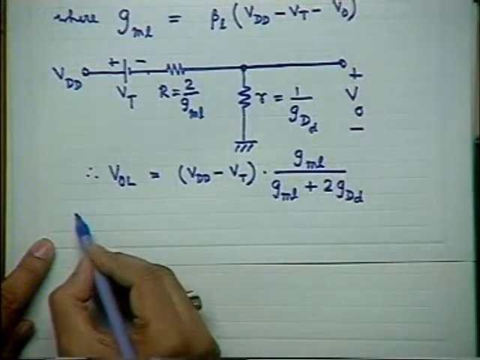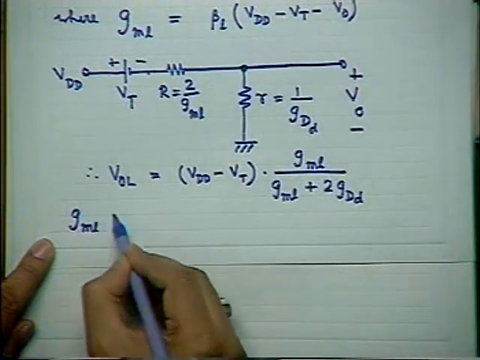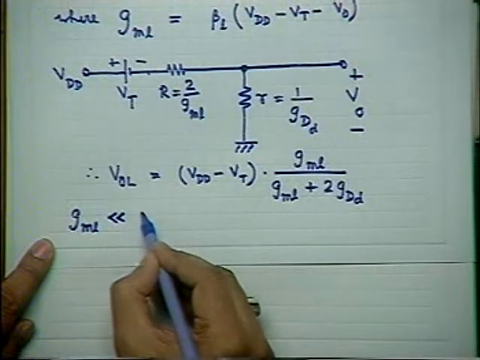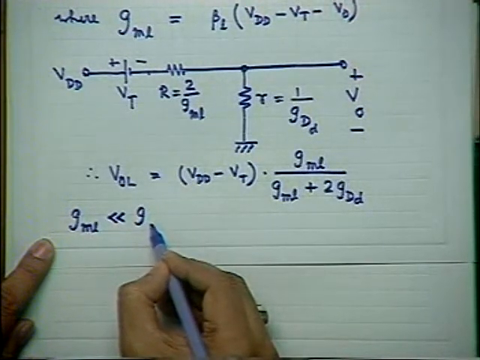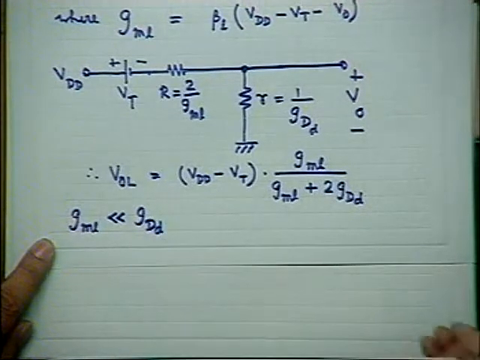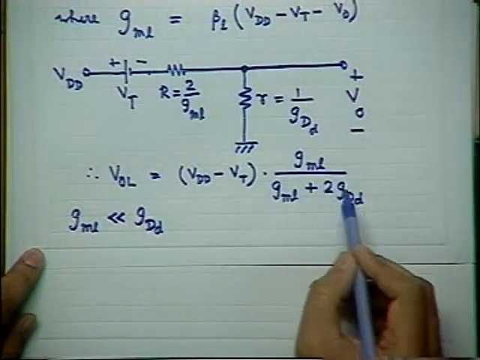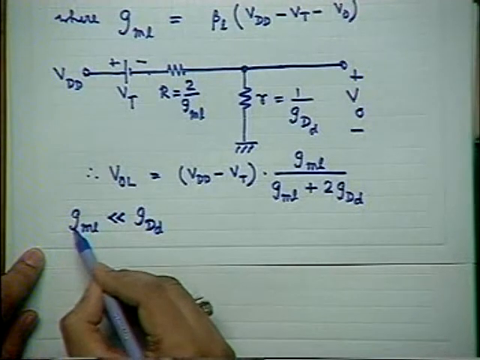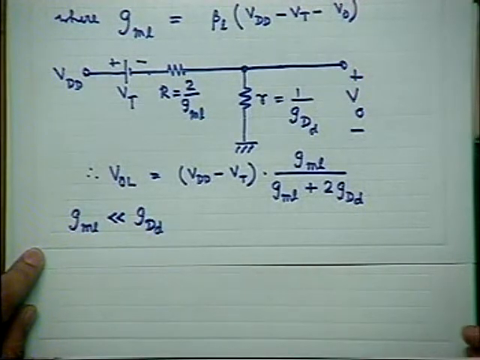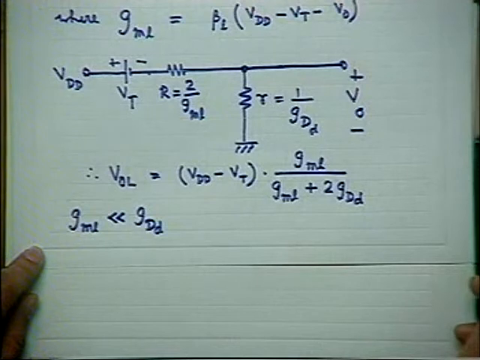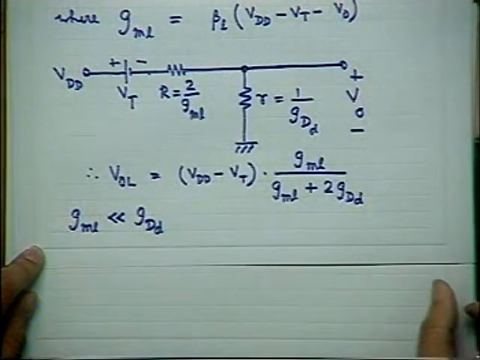And for simplification only, usually GML is small compared to GDD. The effective conductance of the load transistor is usually very small compared to the effective conductance of the driver transistor, because I am maintaining a very large beta ratio. The driver transistor has a very large W by L compared to the load transistor.